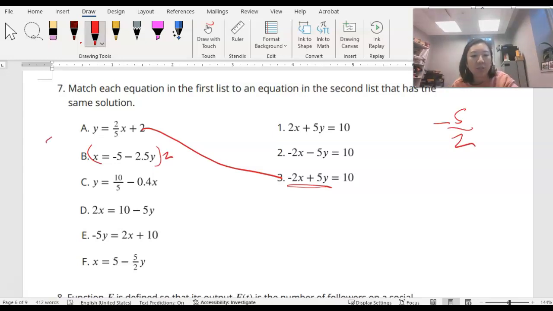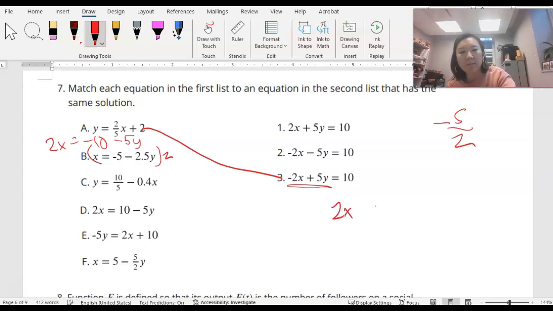And I would get 2x equals negative 10 minus 5y. Now here, in order to rearrange this, I would add 5y to both sides. And so then I would have 2x plus 5y equals negative 10. So that's not the same as any of these exactly, but let me just show you over here.